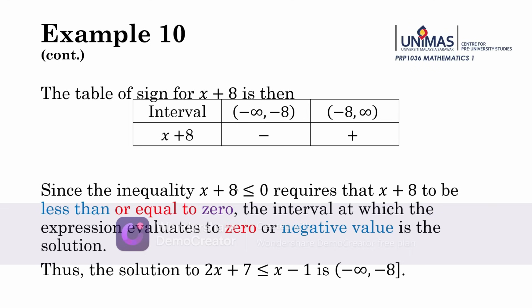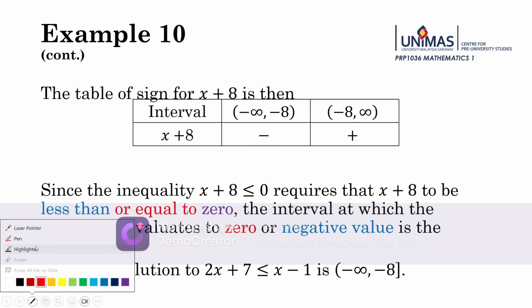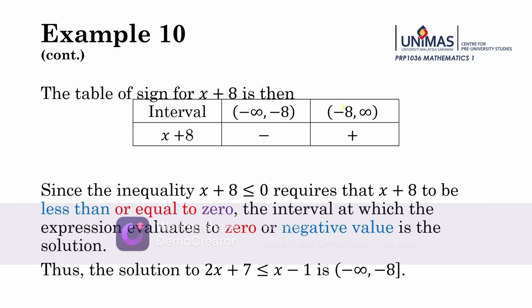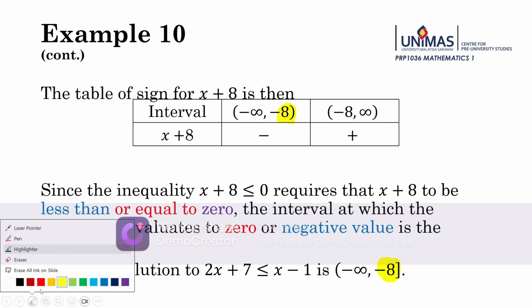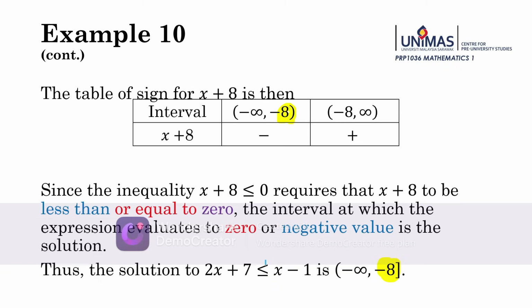Okay, I want you to pay attention to this. So in your table of sign, why does this become an open bracket? Because the inequality given to you has an equal sign, right?